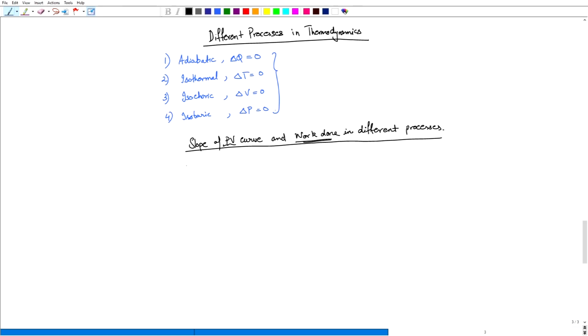So first we are going to go through the isothermal process.